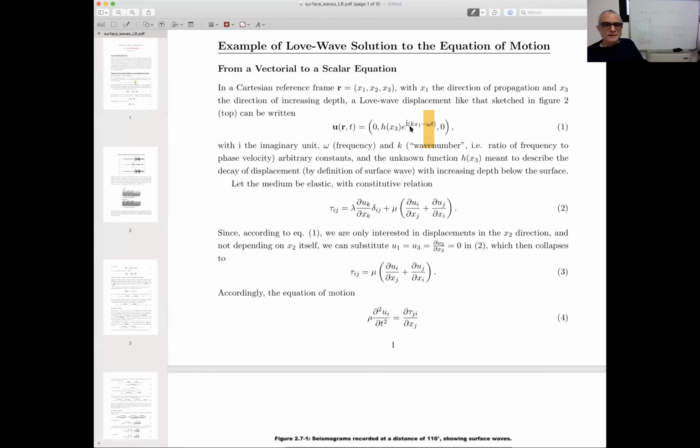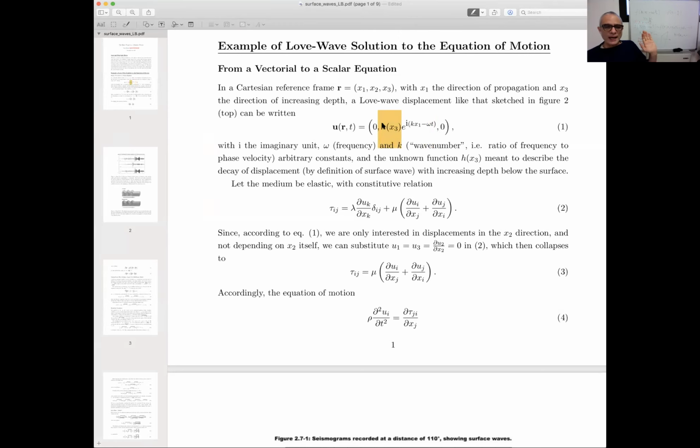All right, so a wave that has signal only in the transverse component, that has a signal that dies away with depth.